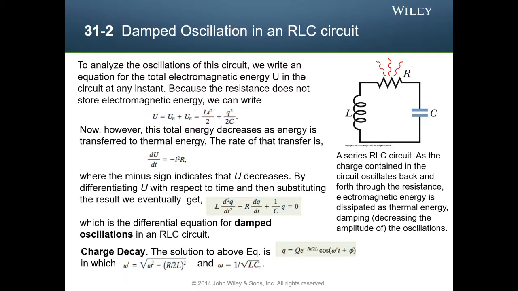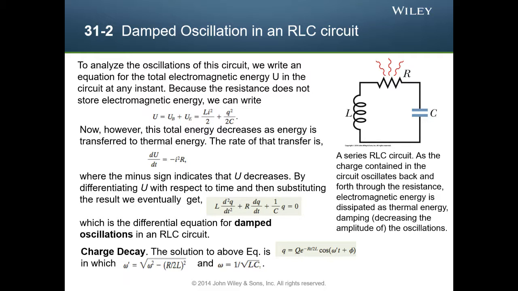If the two poles are S1 and S2, it will be something like A exponential to S1 t plus B exponential to S2 t. This is the homogeneous solution. For the repeated root, this will be something like A plus B times t, exponential to S. S1 and S2 are the same, so I can write either one of them.